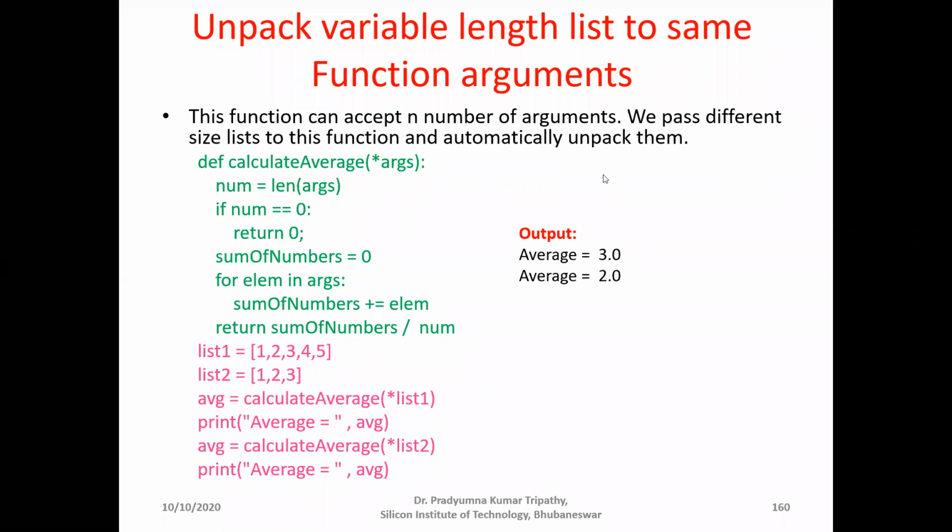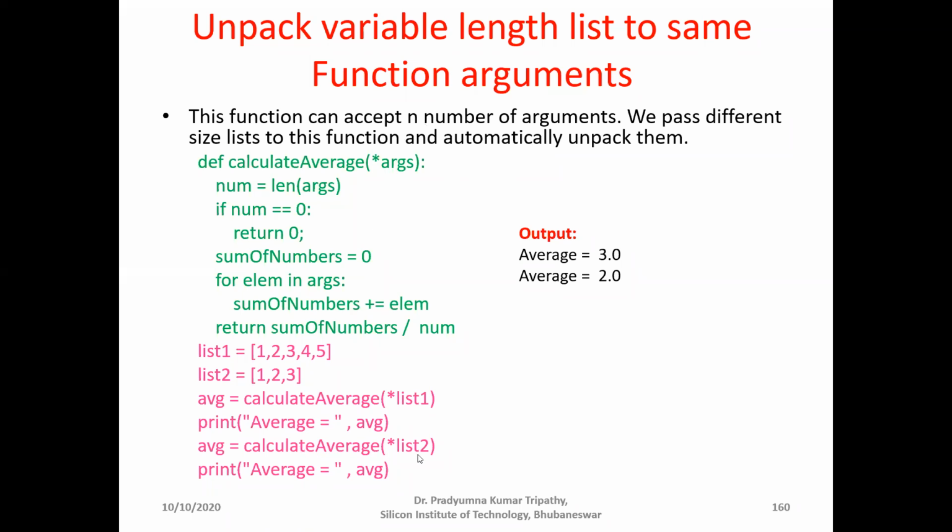Try to understand. In the first example, in the formal argument I used star. In the previous example, while passing the elements I used star. This is the example where I give star in both cases, while sending and at the time of receiving. So I may send a variable length of arguments and it may be received as variable length of arguments as well.